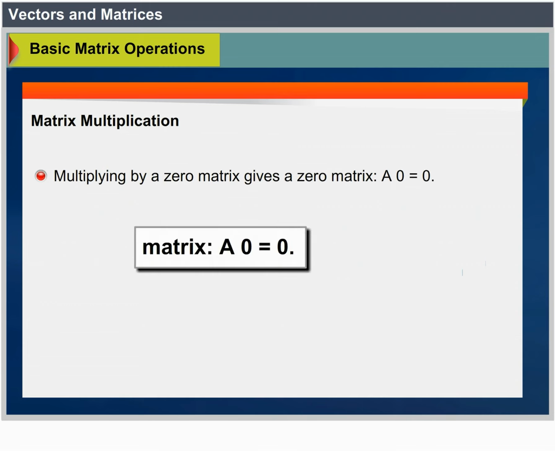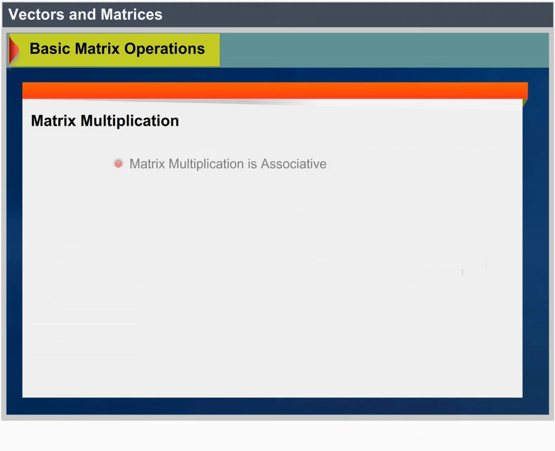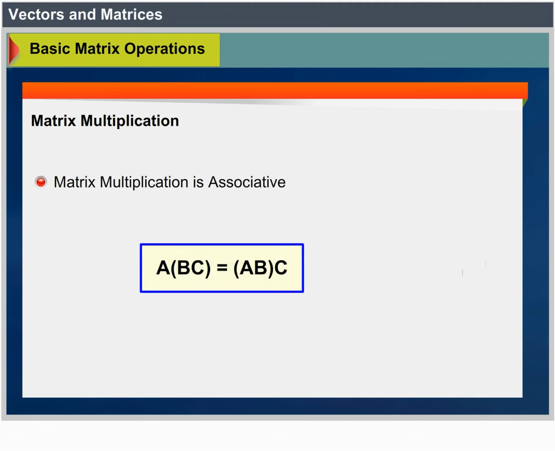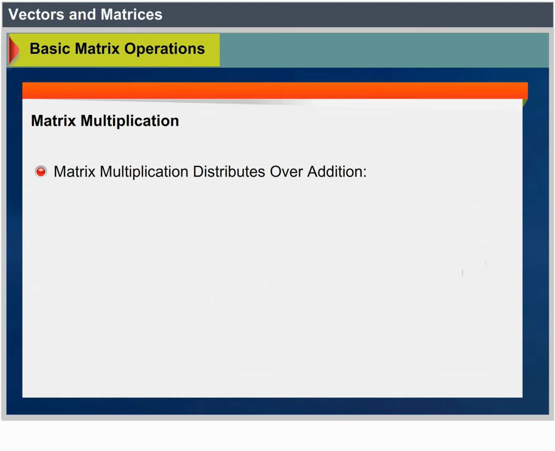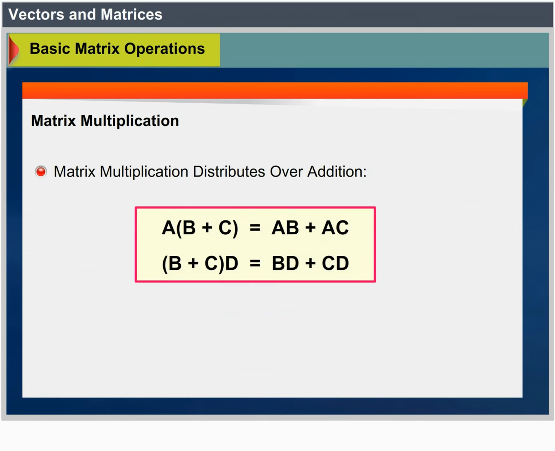Matrix multiplication is associative: A times BC equal to AB times C. For compatible matrices A, B and C, matrix multiplication distributes over addition: A times B plus C equal to AB plus AC, and B plus C times D equal to BD plus CD.